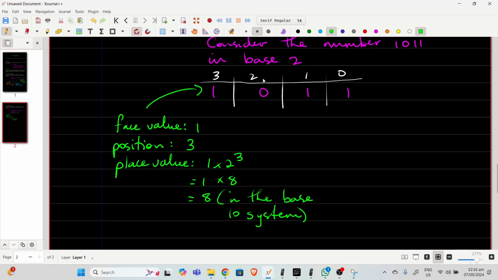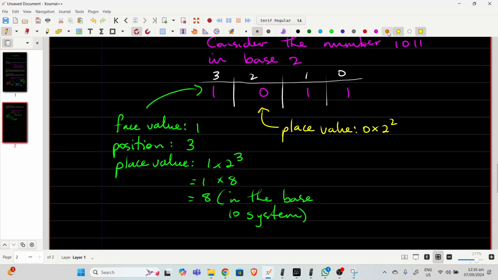And if I want to find out the actual value of this entire binary number, I just have to calculate this same place value for every single one of them. So the place value of this 0 is going to be 0 times 2 to the second.